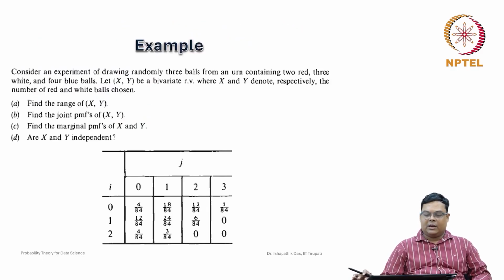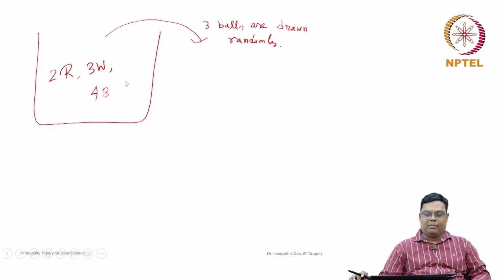Now, let x, y be a random variable pair where x and y denote respectively the number of red and the number of white balls chosen.